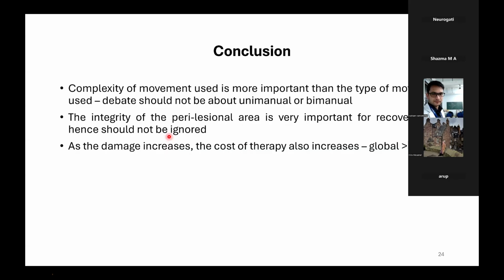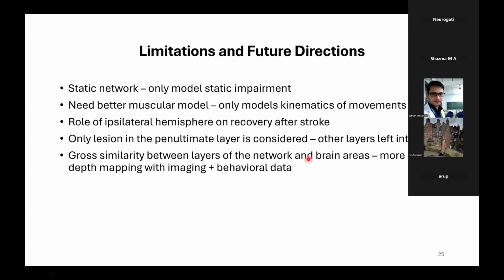That is, while imaging is used to see the site and size of the lesion, it should also be used to see how the integrity of the area right next to the lesion is going to be. And as the damage increases, the cost of the therapy also increases. That is, global is going to be preferred over local when the damage to the network is high.